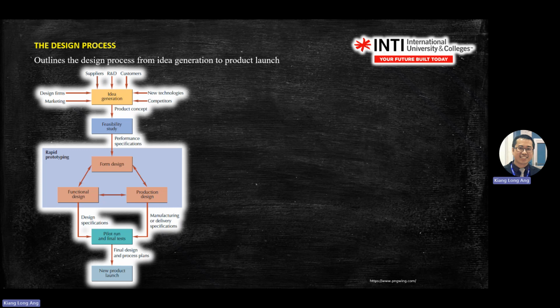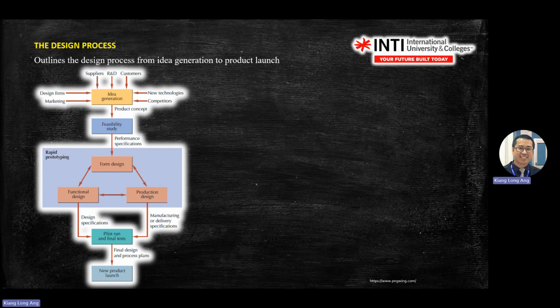Okay. So here you have E, E1 and E2. Okay. So output is final design and process plan. Then number 5 is the new product launch. New product launch of E1, E2.